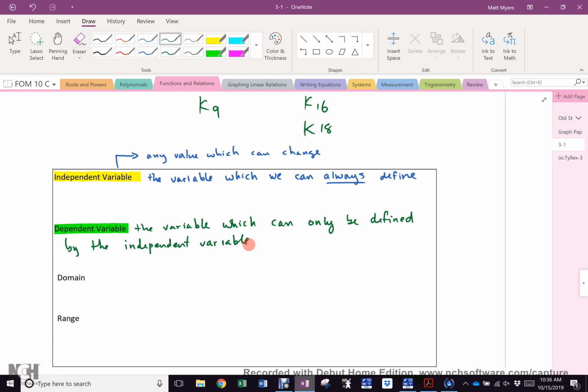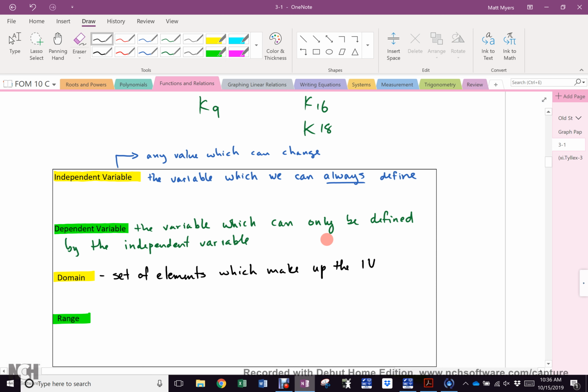Okay. Now, I'm going to use the same color here. Domain, range. Independent variable is yellow, domain is yellow. Why? Is this the same thing? They work together. The domain, and this is where it gets tricky, is the set of elements which make up the IV, independent variable.